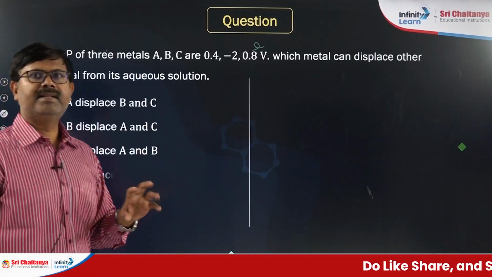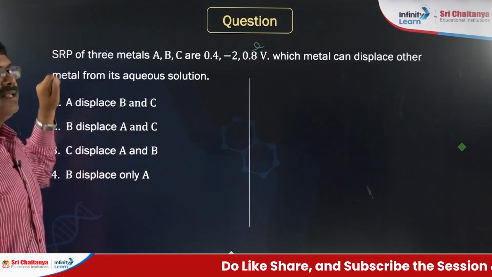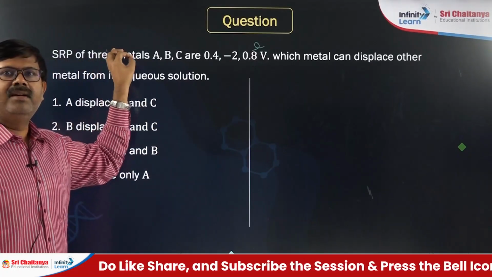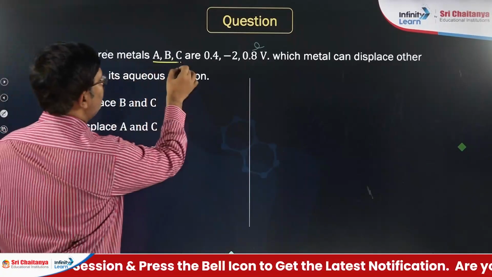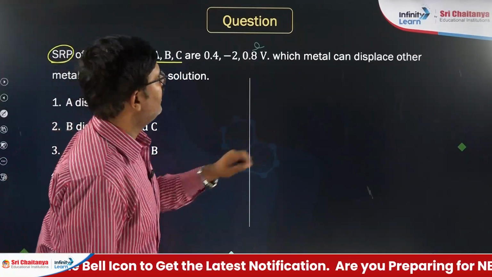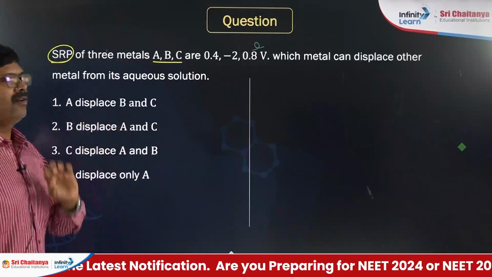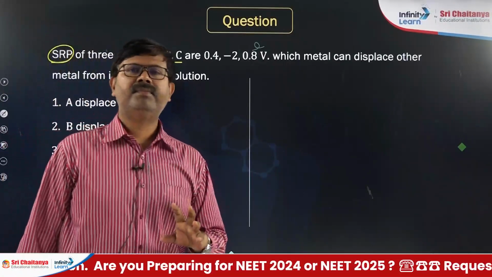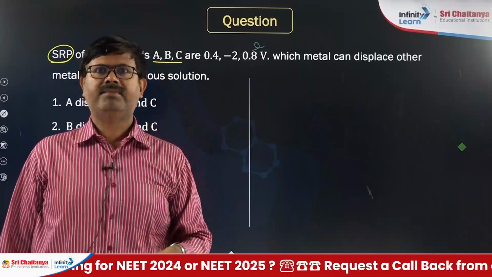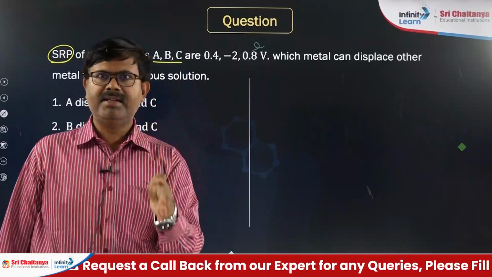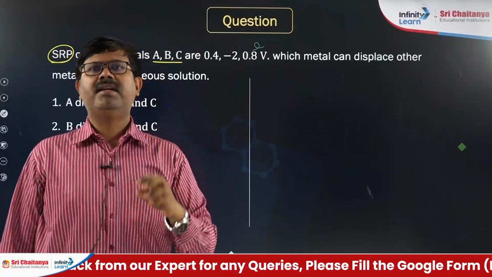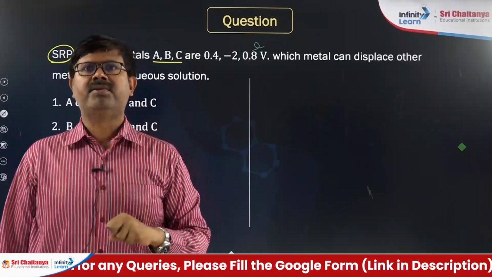Next, let's see this question. SRP means standard reduction potential of three metals, A, B, C, are given. Which metal can displace the other metal from its aqueous solution? See, the reactivity series of metals is actually arranged keeping in view the reduction potentials only.